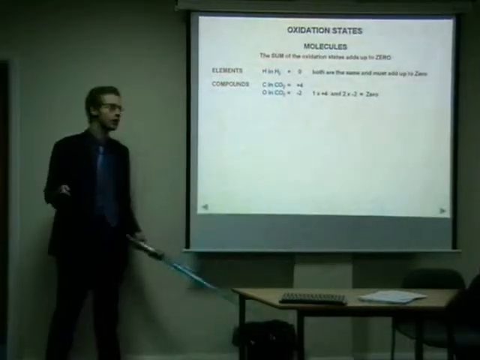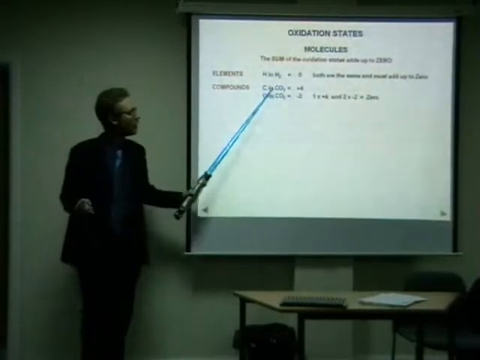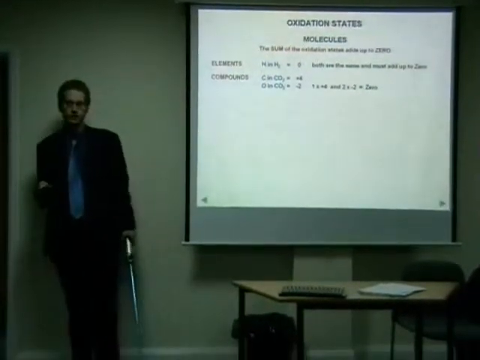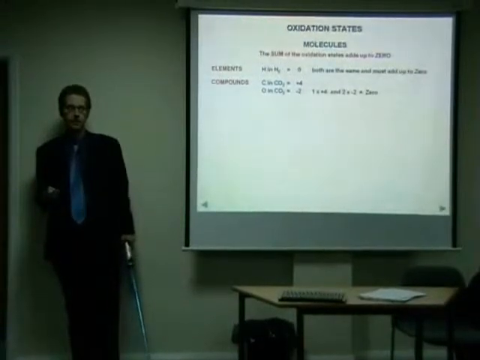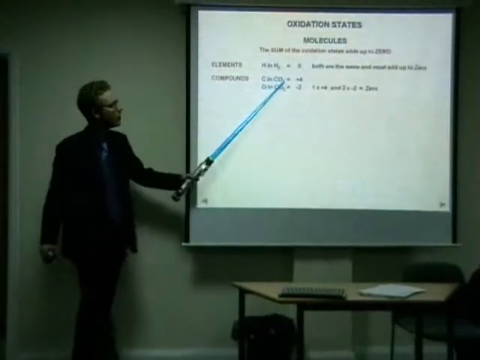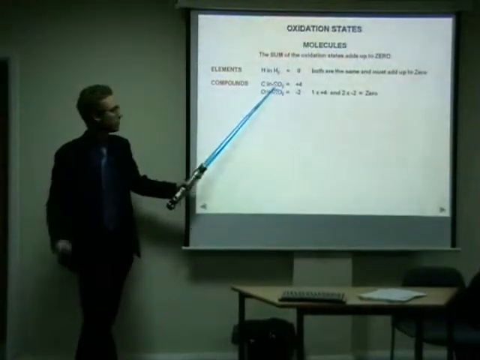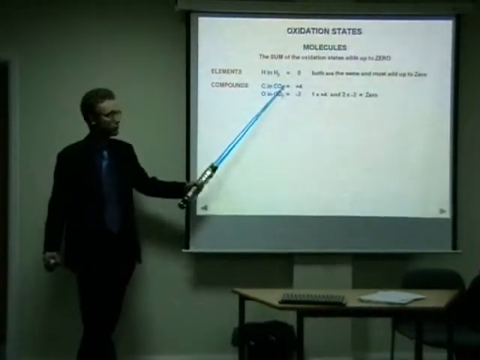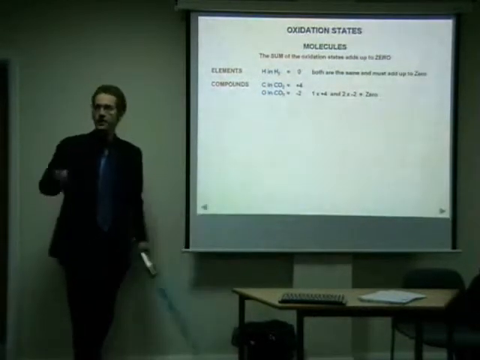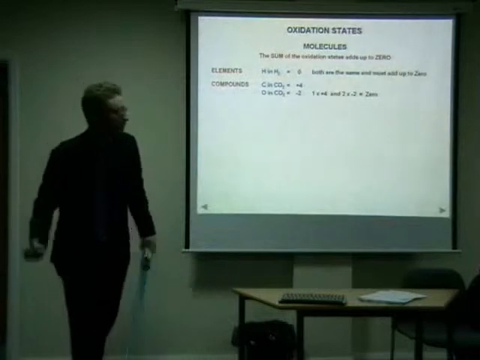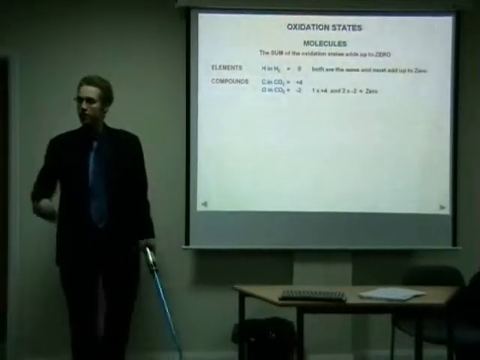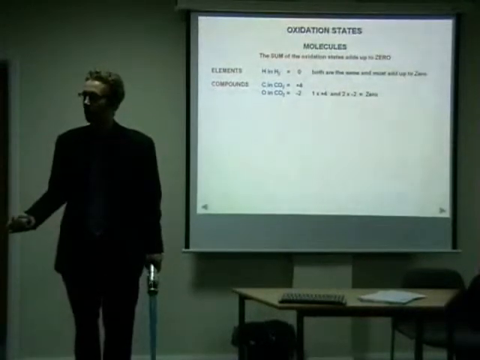And I'm telling you, and it's probably worth writing down, the sum of the oxidation states equals the charge. Okay? The sum of the oxidation states equals the charge. So, if you've got no charge, which you haven't on CO2, it means the oxidation states add up to 0. If the oxygen is -2, and it is, and you've got 2 lots of -2, well that's -4.